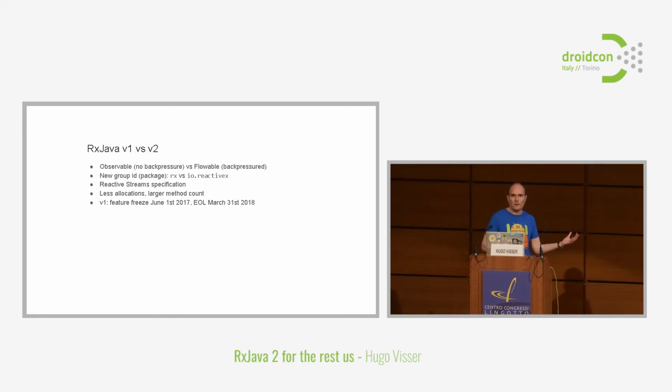On the server side, that would mean that you could switch out implementations maybe. It uses fewer allocations, but it has a larger method count, which is relevant for Android, of course. But if you're starting a project now, you should really go with RxJava 2 because by next year, RxJava 1 will basically be deprecated.